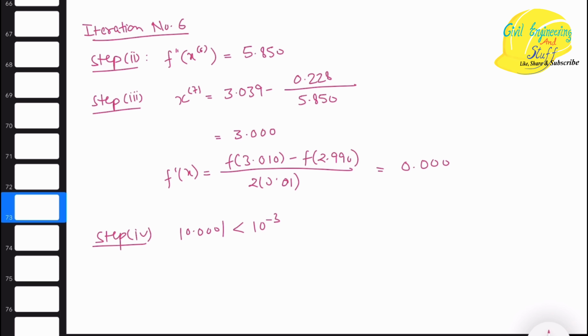0 is less than 10 to the power minus 3, right? So basically we have reached the point where we have reached our smallest number.